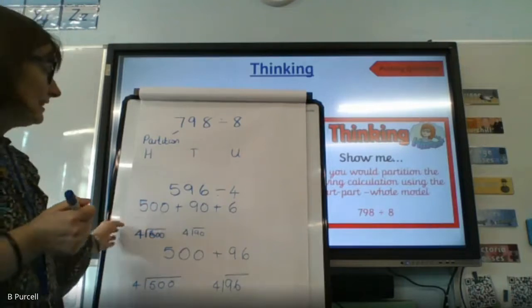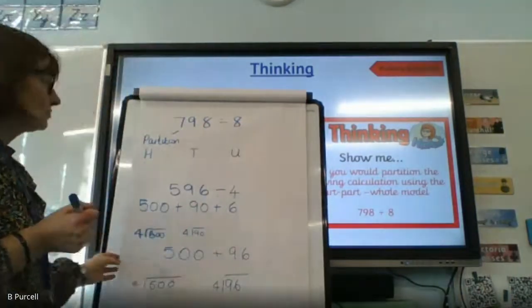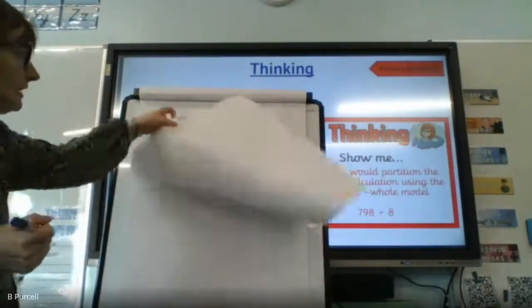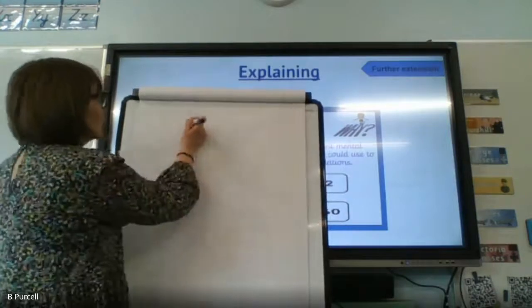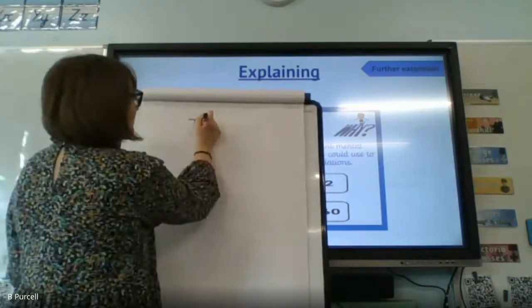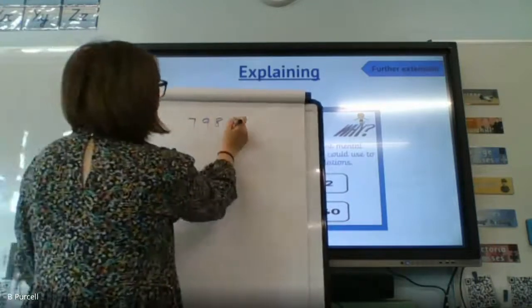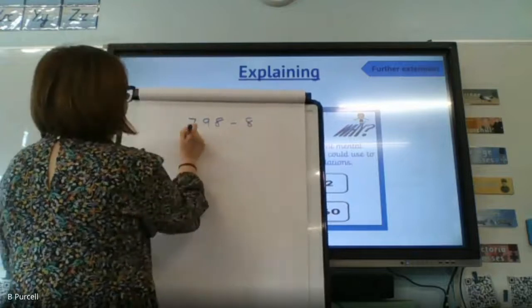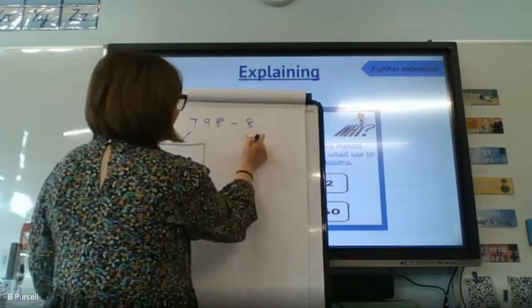So really, what the answer wants you to do is show me how you would write the question, 798 divided by 8, and then your part-whole model.